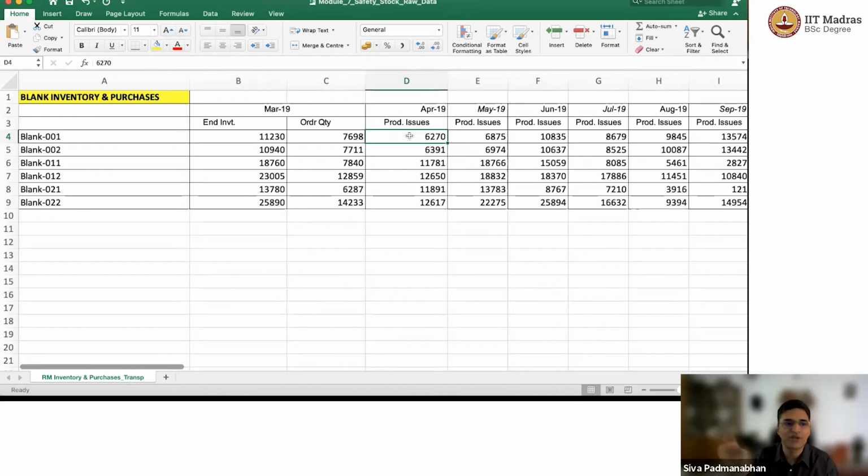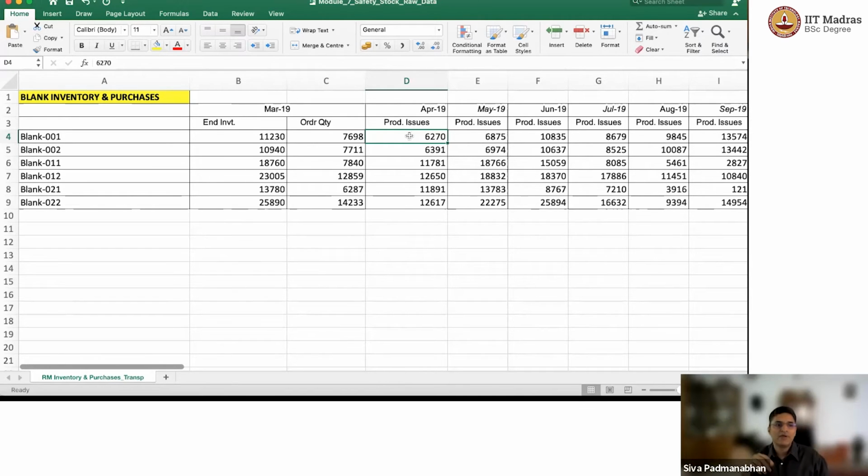There are a number of gears that require this particular blank. So my production schedule is asking me to make sure that 6,270 blank 001s are available to be issued in that month into production. Issued means given to the shop floor, right? So from the raw material store, I have to give that much quantity to the shop floor.